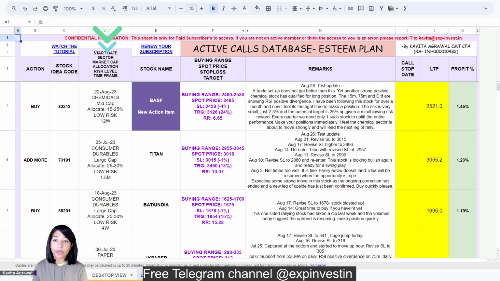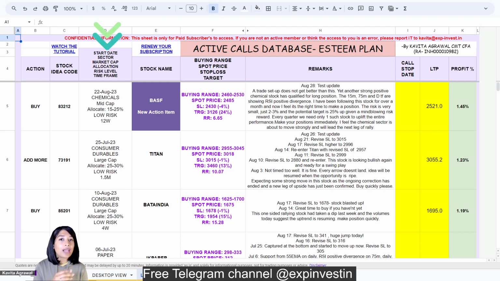Initially, all the allocation percentages were being mentioned to everybody only as per the exclusive plan. That was obviously not working out for everyone, because in the exclusive plan we maintain 15 active positions, in the elite plan we maintain 10 active positions, and in the esteemed plan we maintain only 5 active positions.